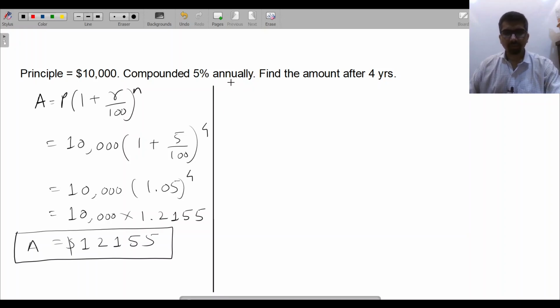In the first year, I'll go the simple way. New value equals initial value times (1 plus R upon 100).